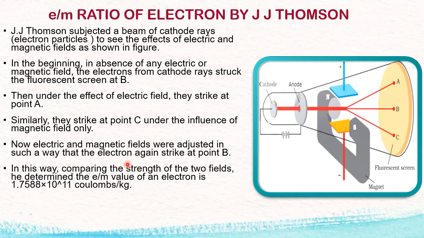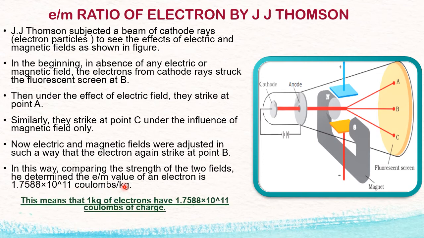So the e/m value, according to J.J. Thomson, is found to be 1.7588 × 10^11 coulombs per kilogram. That means if you take 1 kilogram of electrons, they have a charge equal to 1.7588 × 10^11 coulombs. So this is the beautiful experiment by J.J. Thomson to know the e/m ratio.